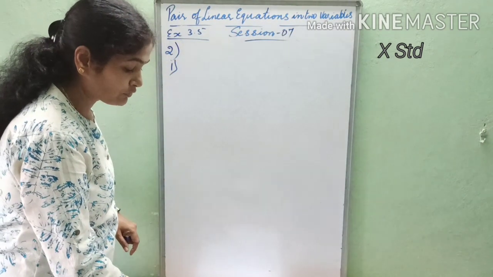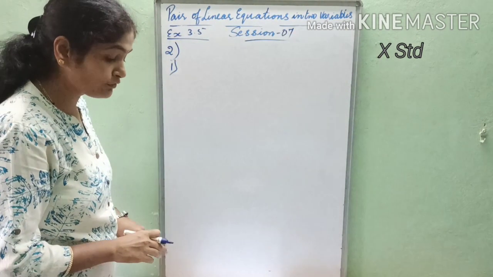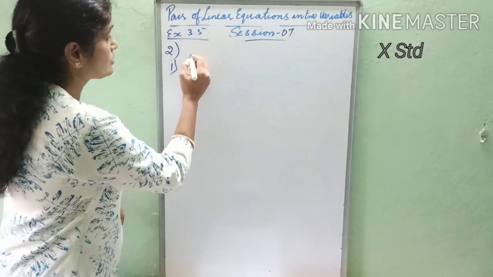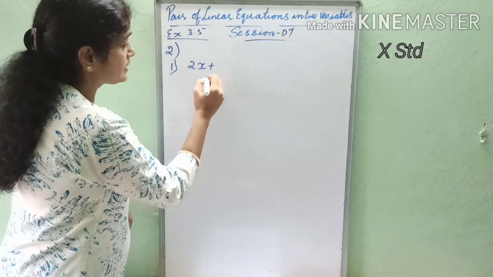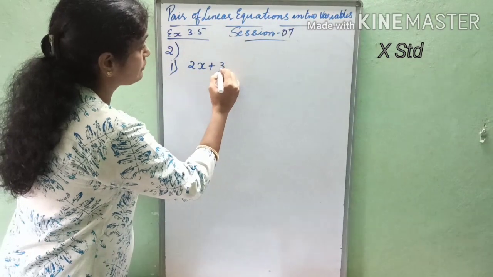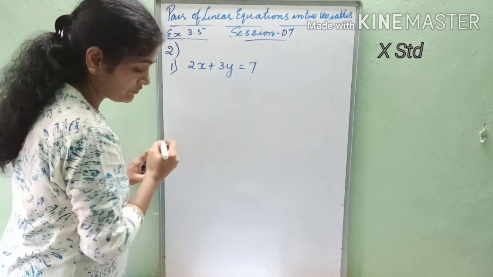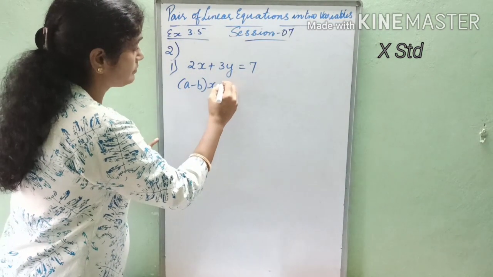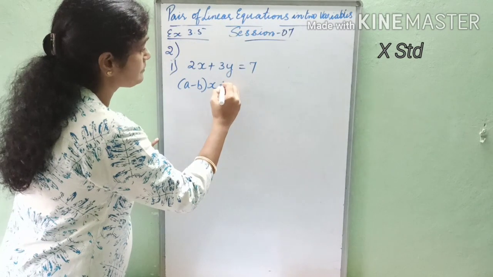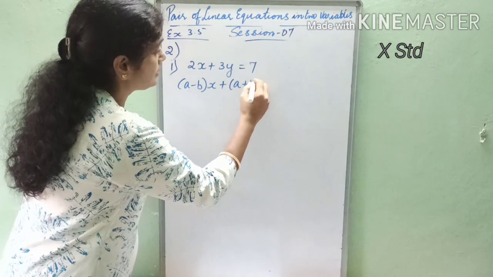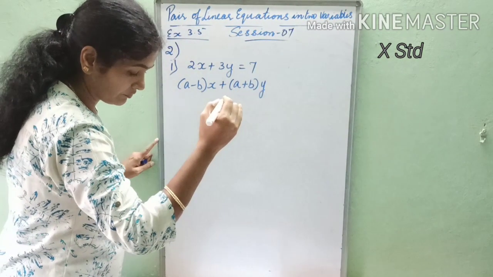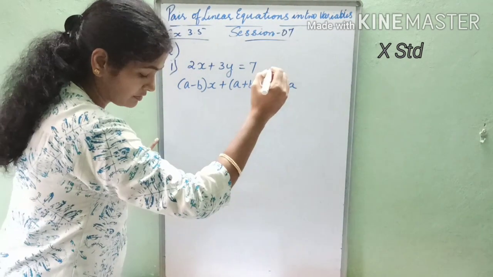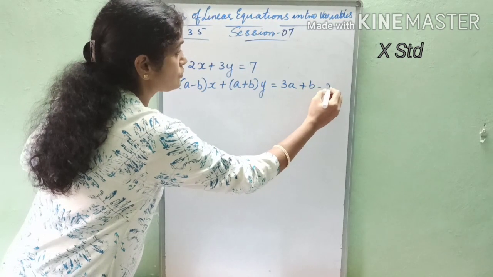What they have said: for which value of a and b does the following pair of linear equations have infinite number of solutions? So the question is 2x plus 3y is equal to 7 and a minus b into x plus a plus b into y is equal to 3a plus b minus 2, right?